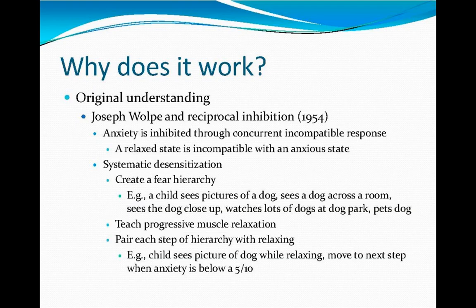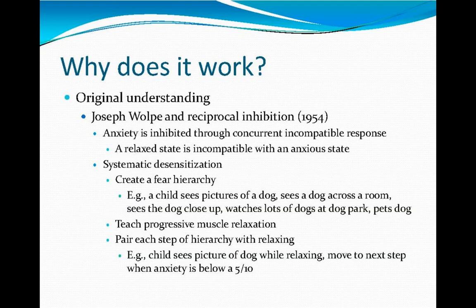And you do that over and over again until that step ceases to elicit intense anxiety, typically when it's below an anxiety rating of 5 out of 10. And then you move to the next step, and you pair that step with progressive muscle relaxation. Okay, so that is systematic desensitization, and you move through the hierarchy, pairing each step with this relaxed state.